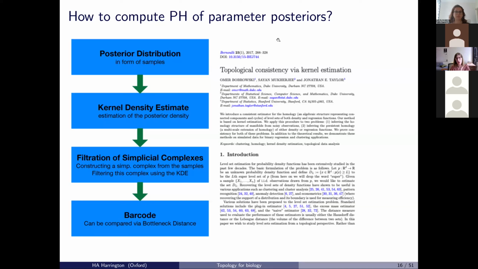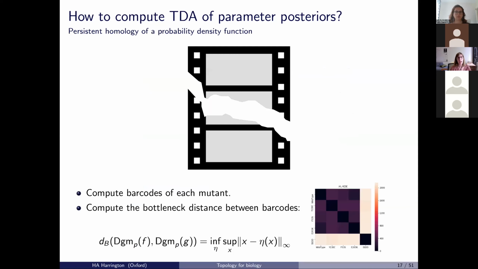In particular, we implement this work by Omar Borovsky, Shayan Mukherjee, and Jonathan Taylor for topological consistency via KDE.